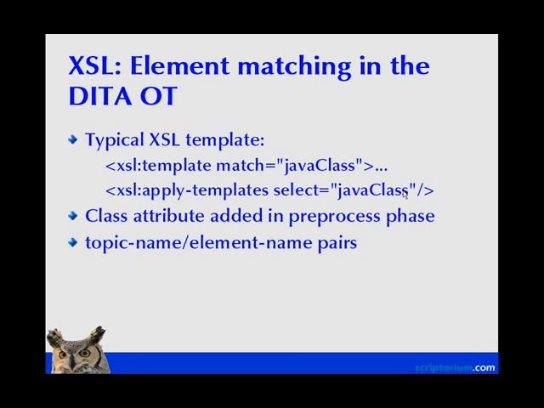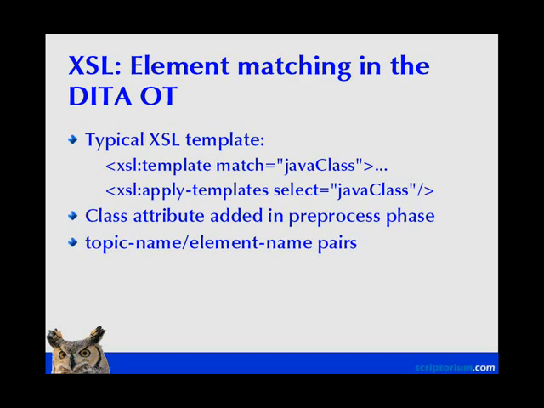Now, in the Open Toolkit, though, specialization requires a little bit more. The way the Open Toolkit has decided to implement this is that your XML files are pre-processed during DITA Open Toolkit processing.